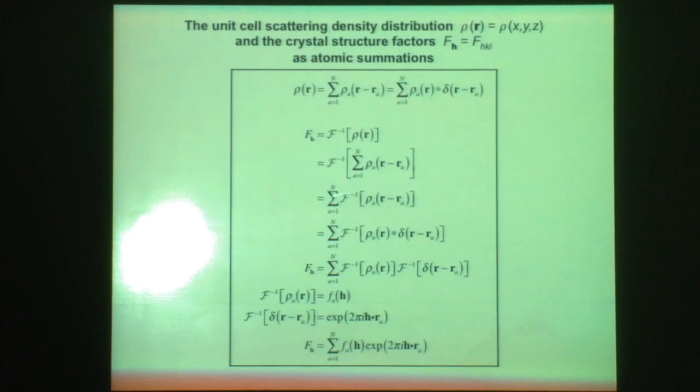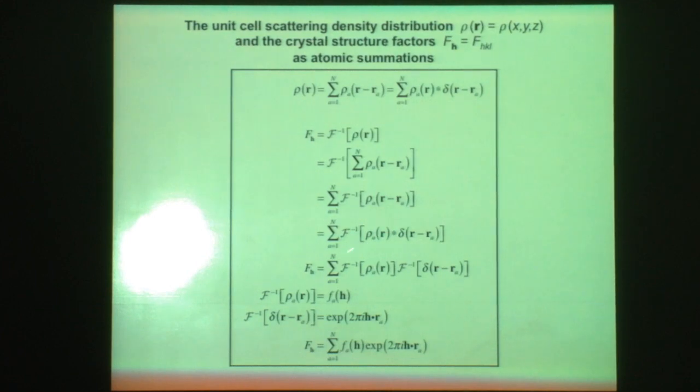But still, all Fourier transforms have that property, that the Fourier transform of a sum is the sum of the Fourier transforms. And if we replace now this atomic density in here by this formulation, the local atomic density, but then positioned by the delta function to its appropriate place in the cell, then it turns out that the Fourier transform of this kind of a function, a product of functions, this is called a convolution product.